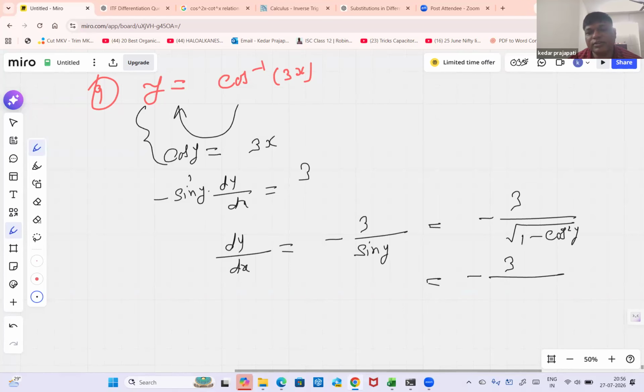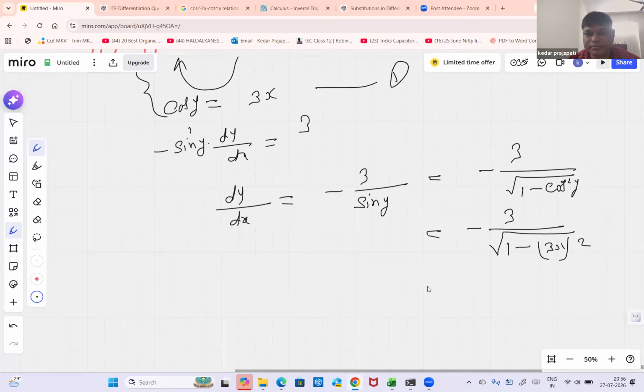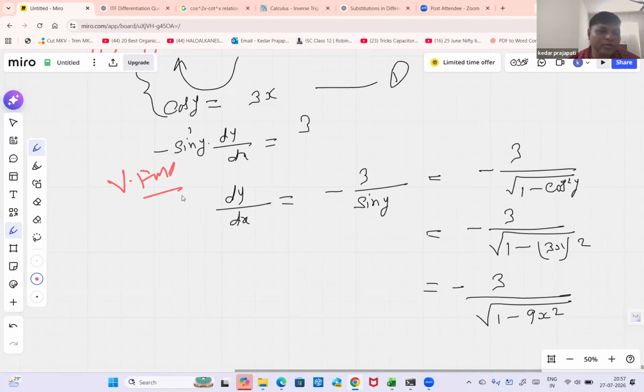So this will become minus 3 by root of 1 minus cos y is 3x from here. This will be 3x whole square. Answer came. Minus 3 by root of 1 minus 9x square. Clear? Very important method. So all these questions will be solved now.